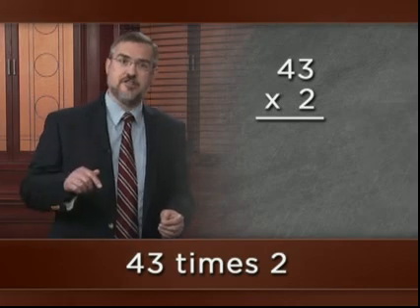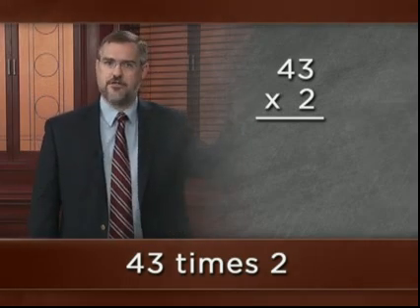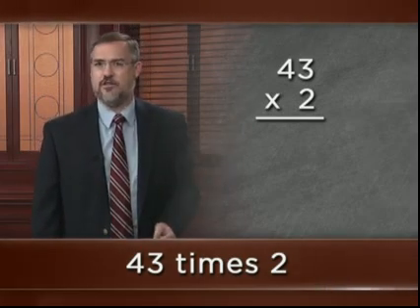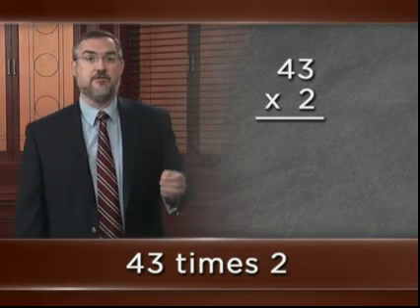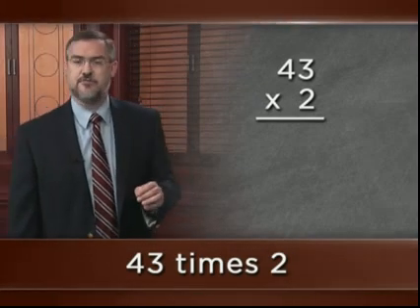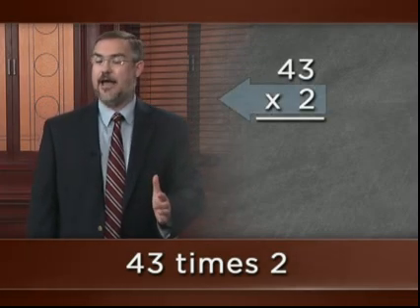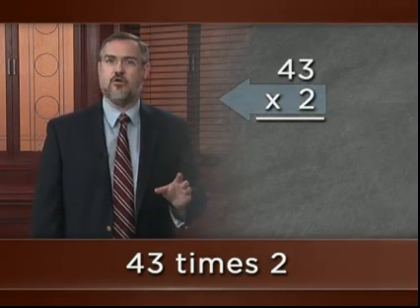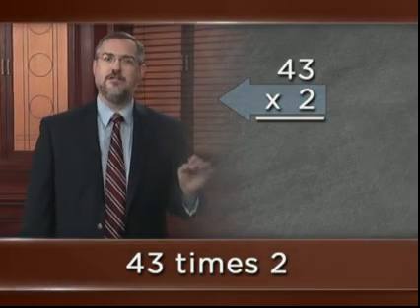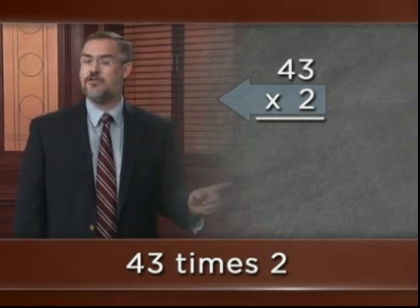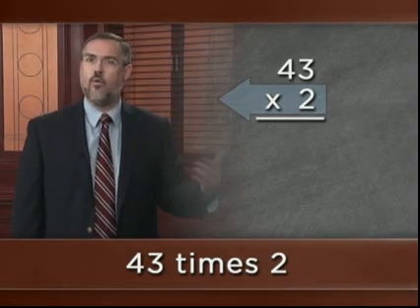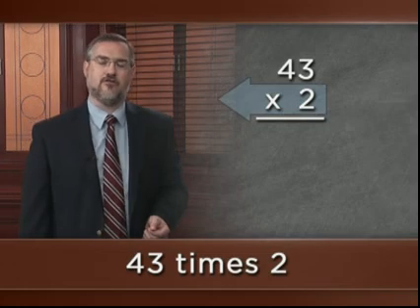So in this example, we're going to write 43 on top times 2 on the bottom. Now, as with the addition and subtraction problems, we're also going to work right to left. And our main focus is going to be on the second number. We'll work with it one digit at a time, starting with its units digit, or the ones digits, as some people like to call them.